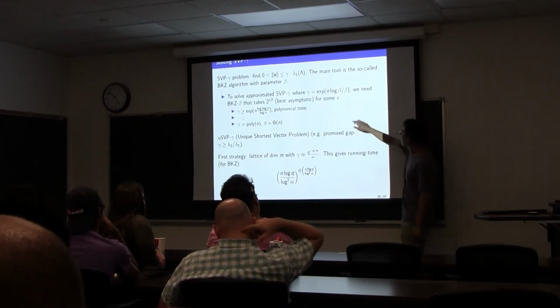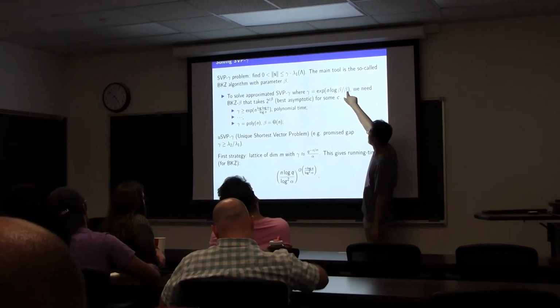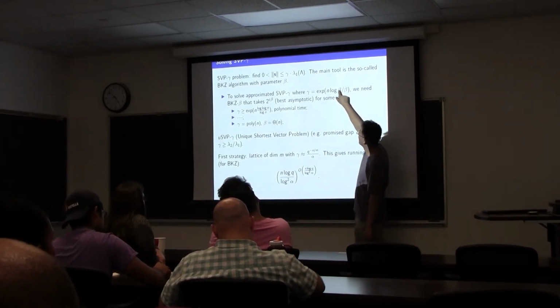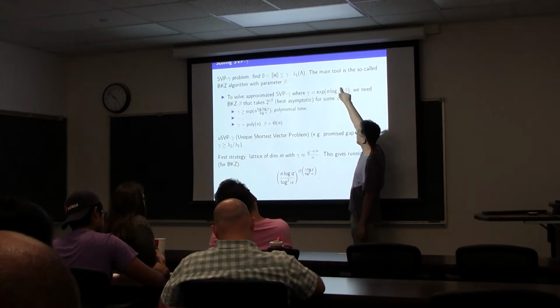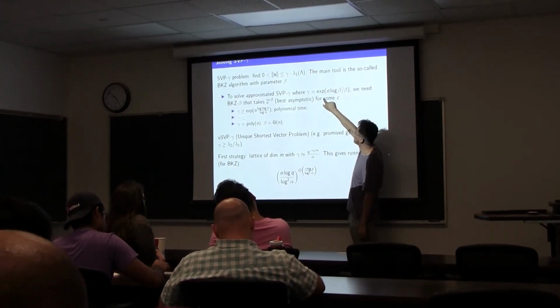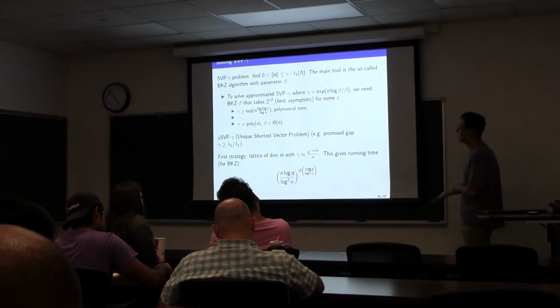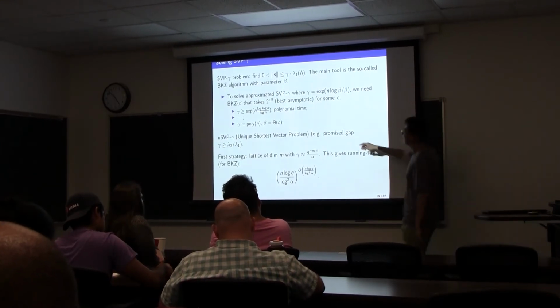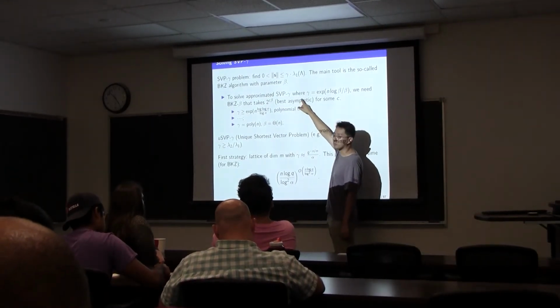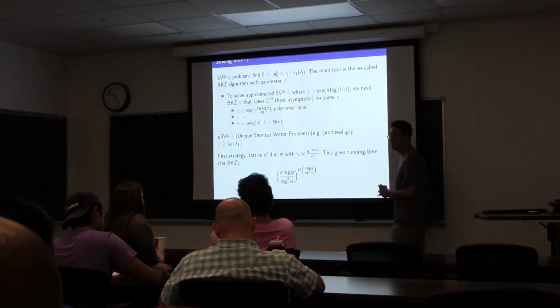But on the other hand, if you look at this, log beta over beta is a decreasing function. So the approximation factor I can solve using a larger time also becomes smaller, which essentially says that if you spend more time, you can solve a better approximate SVP problem where gamma is smaller.